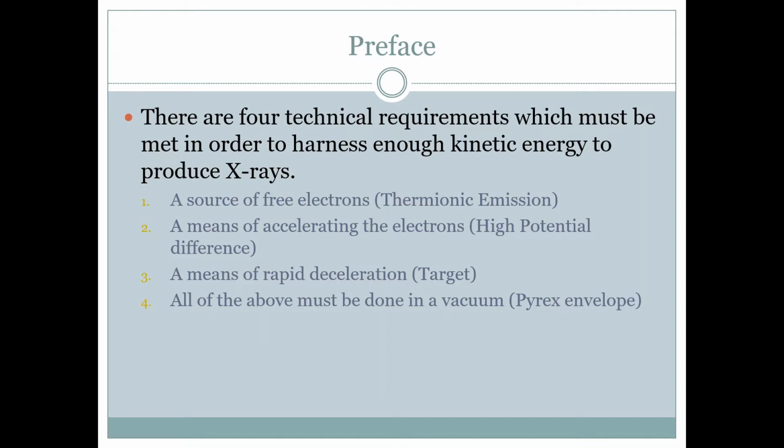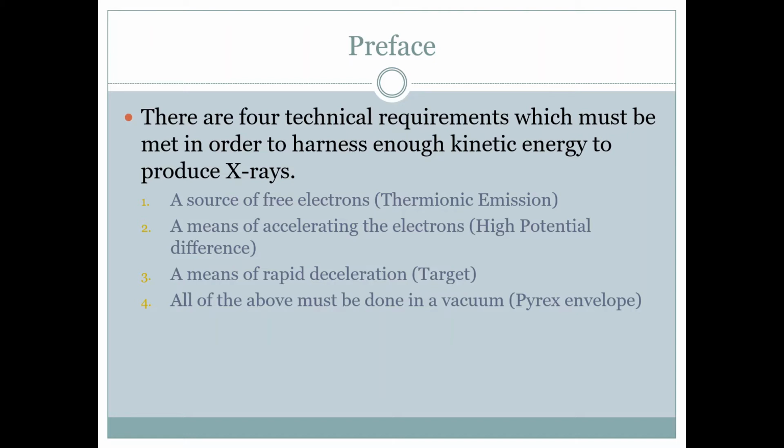We need a means of accelerating the electrons, and that's done via a high potential difference. This is why on your X-ray tubes you'll set techniques somewhere in the ballpark of between 50,000 volts and 120,000 volts. That high voltage is what's needed to push the electrons across the gap from cathode to anode.